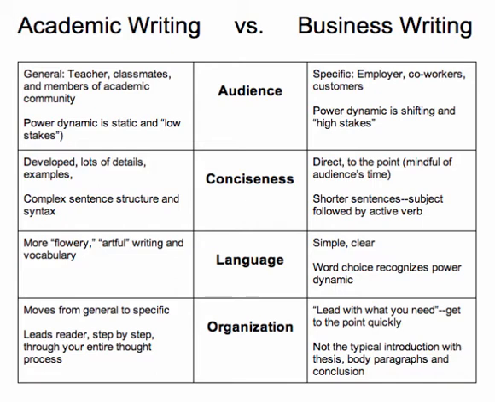Now, when you look at business writing, you're always writing to a specific audience. It may be your employer. This plays into the power dynamic. Your boss certainly has a great deal of power over you. Your coworkers may have the same level of power as you, but how your message is received can dictate how they respond to you in terms of that power dynamic.